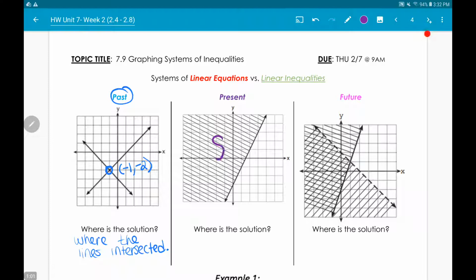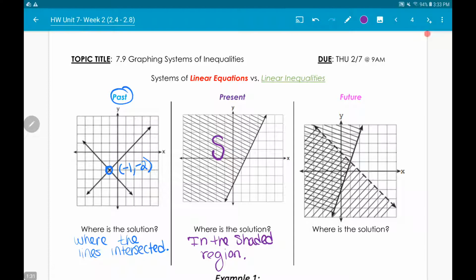So now we've seen linear inequalities, and my solution here is where the shading is. Okay, so I don't like that sentence. I'm going to erase that. Let's say in the shaded region or space or area, shaded area, shaded region.